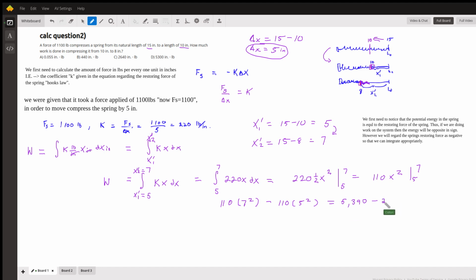Minus 2,750 inch pounds, or I'm just going to stick to the integration and put pound inches here. That will give you 2,640 pound inches. It's going to be option C. Hope it helps.